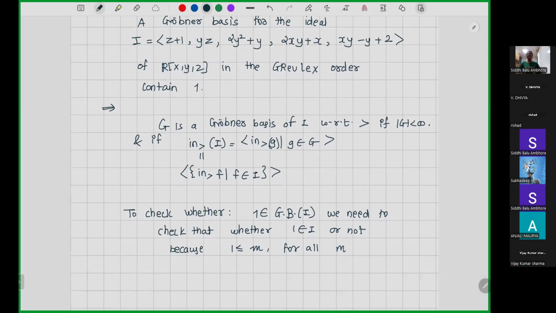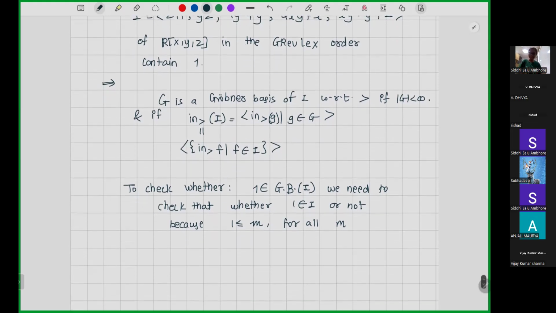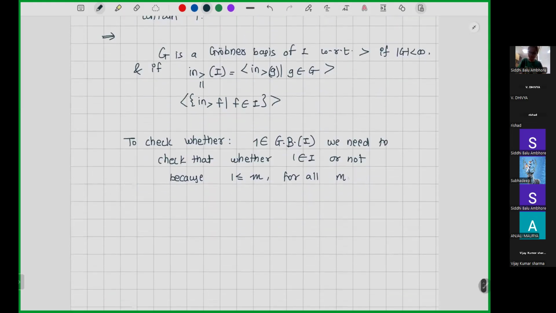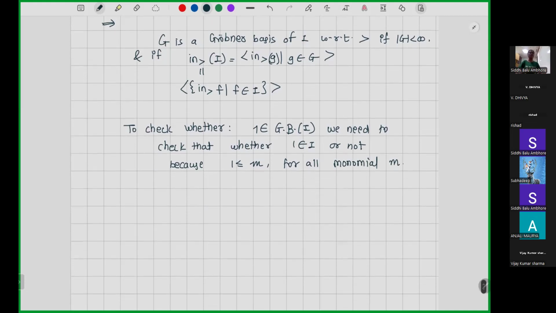I don't know about x, but I know how to do it for 1. So let me show you that for all monomials. Or x also we can do.